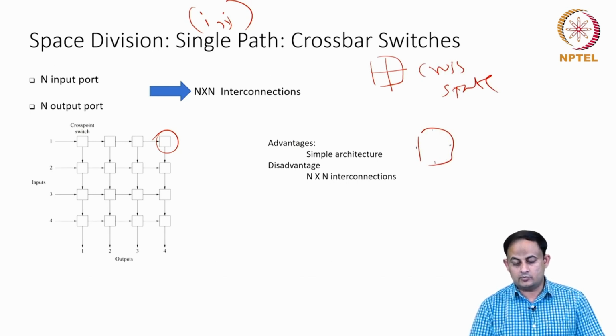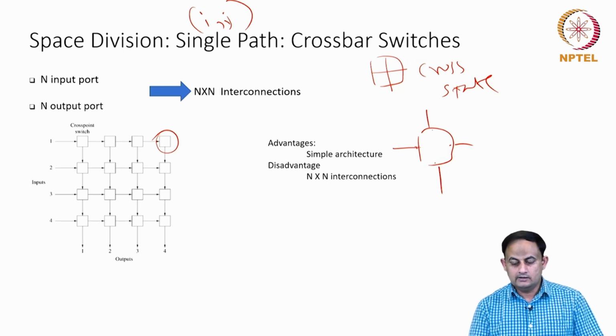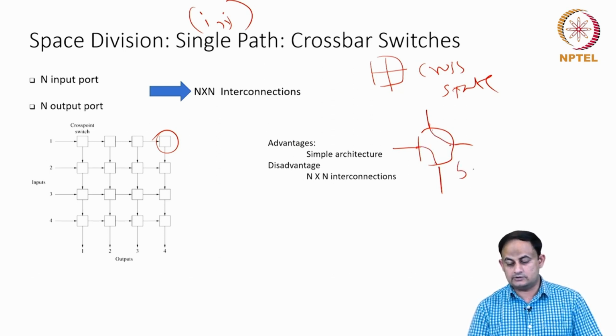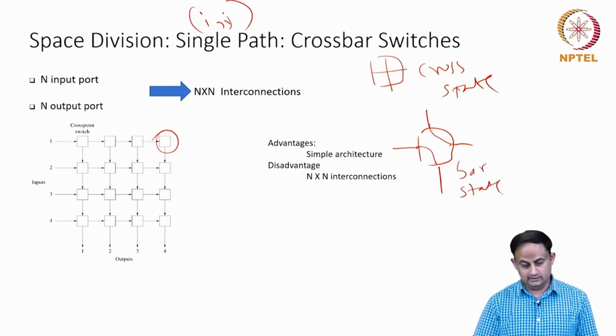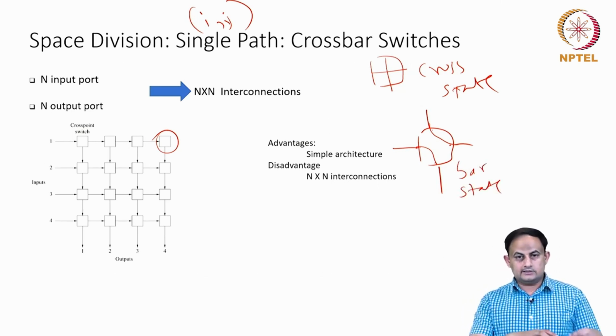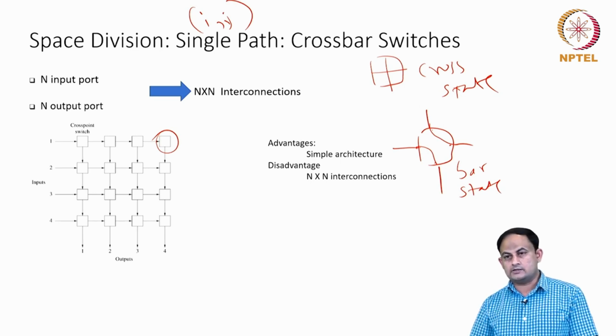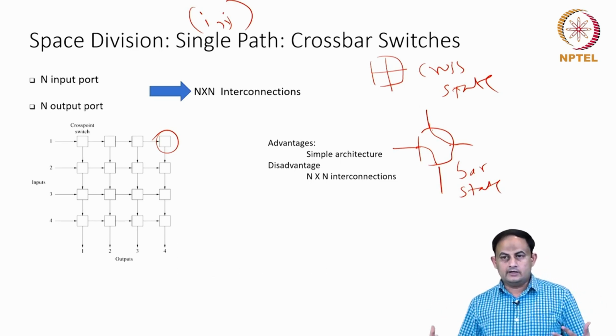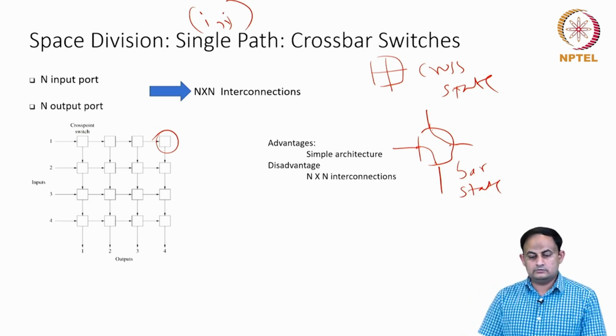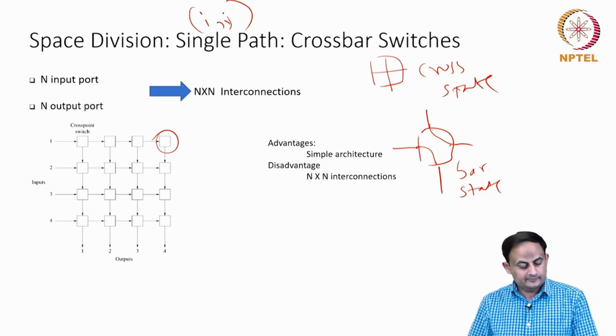So these are the 4 points, and on 4 sides you have a link, and it can connect 2 of them, something like this. If the connection point is in this state, then it is called the bar state. So all these connecting elements can be either in the cross state or in the bar state, and the combination of these two states is called a crossbar switch.